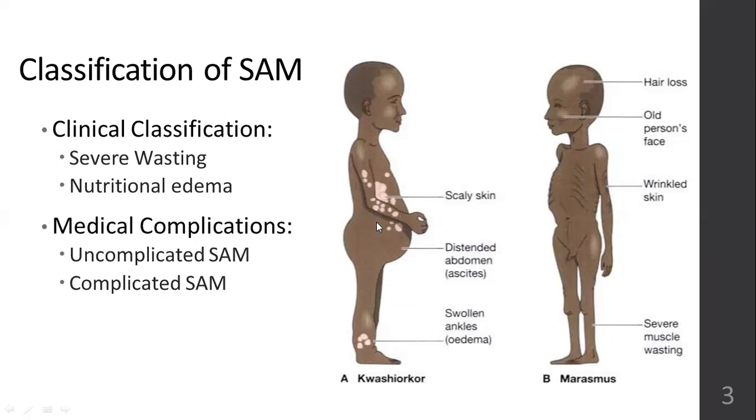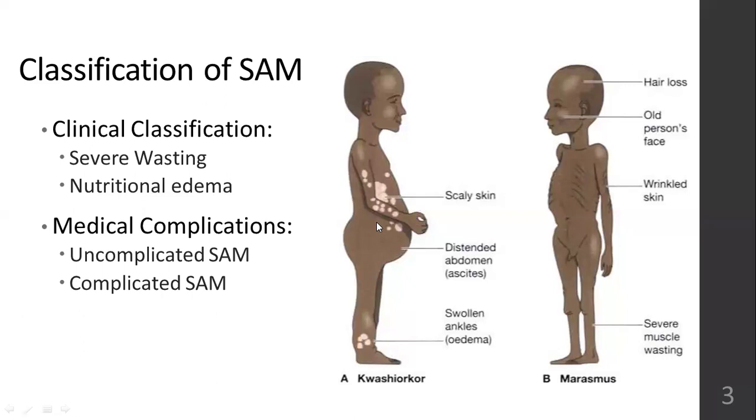Coming to the classification based on complication, you have uncomplicated severe acute malnutrition and complicated severe acute malnutrition. Uncomplicated: no need for hospitalization. At home, nutritional interventions can be done with the help of PHC sub-centers and some Anganwadi services.